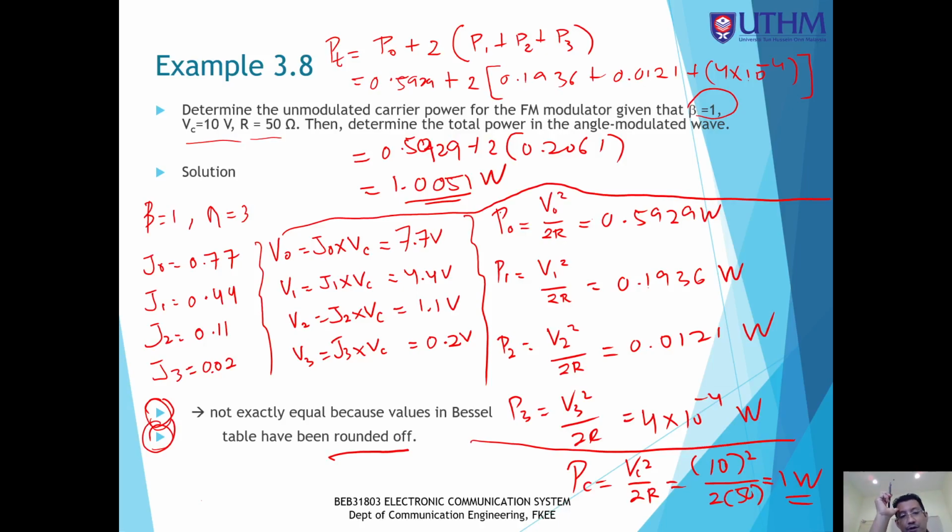Because if you see from your Bessel table in your notes, all values less than 0.01 have been omitted from the table. Okay, so that's why the value is slightly different with the theoretical value.